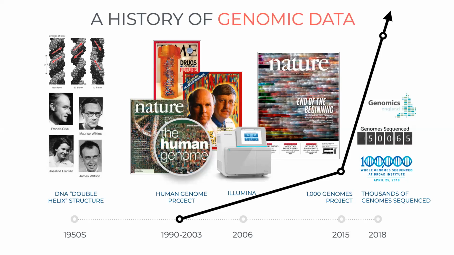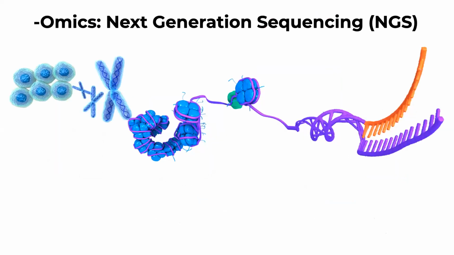So what type of information can we get from next generation sequencing? Next generation sequencing is one type of omics, or multiple types of omics data that characterize different subcellular processes.